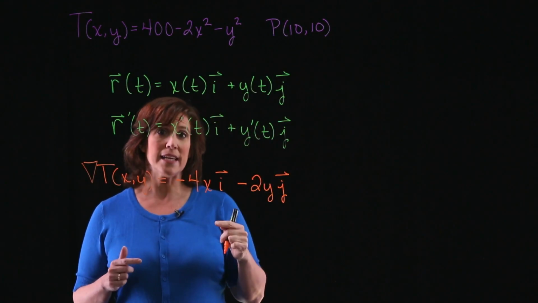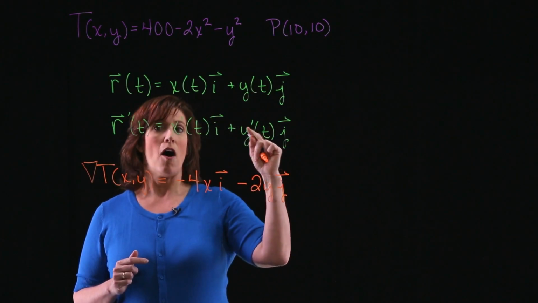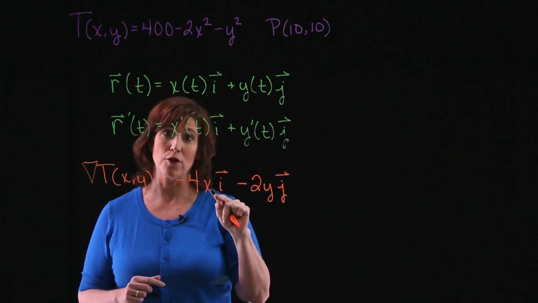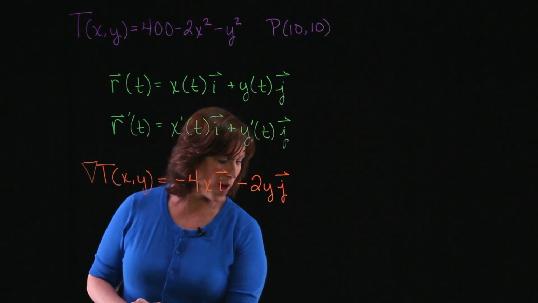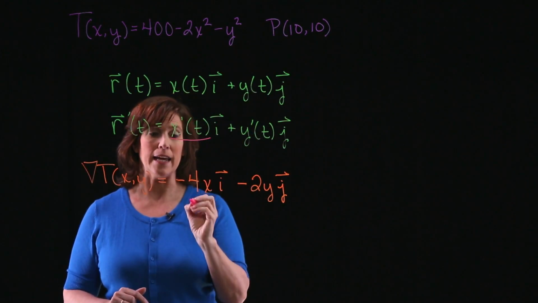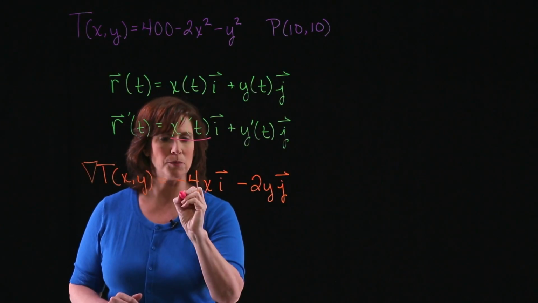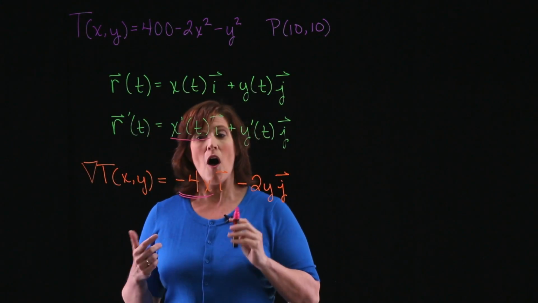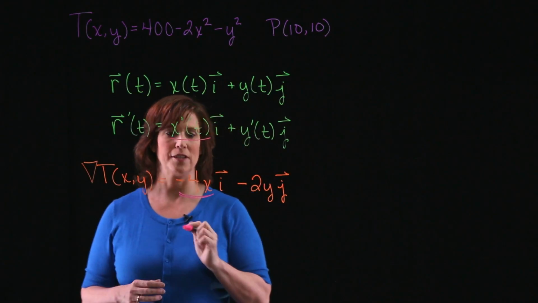Okay, now, the next thing I notice is that r prime of t has to be going in the same direction as my gradient function. So what that means is that this x prime of t has to be a constant multiple of minus 4x. All right, so all I have to do is make sure that the directions are the same.